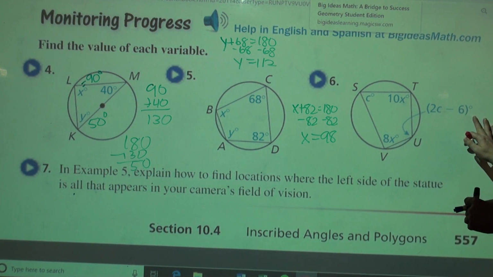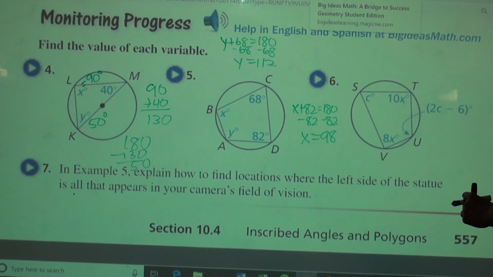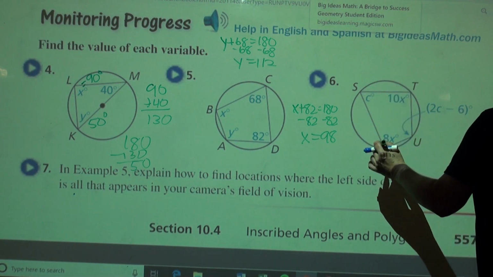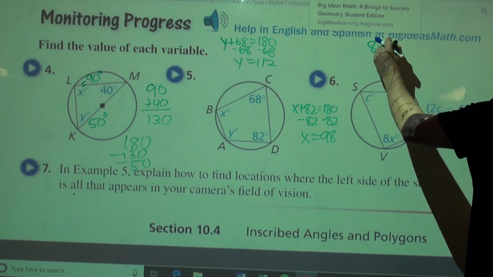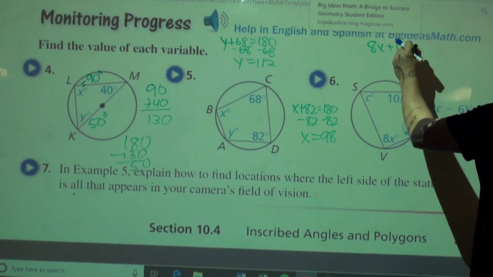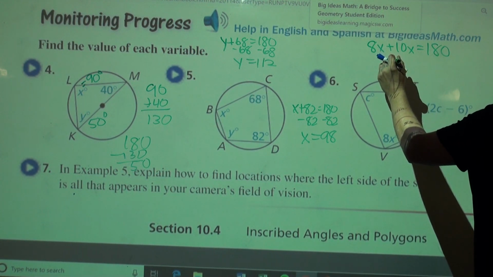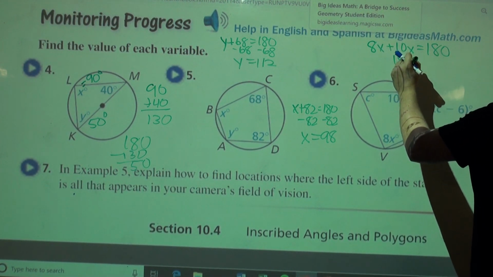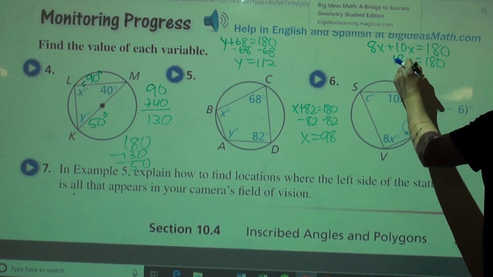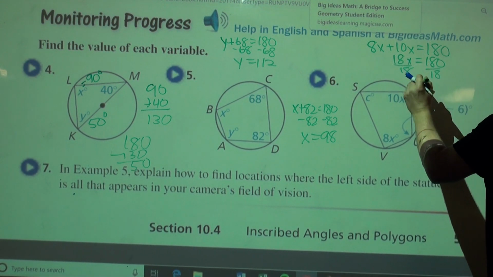And over here, I've got 2 different variables, but that's fine. I know that, first of all, 8x plus 10x equals 180. 18x equals 180. Divide by 18. X equals 10.